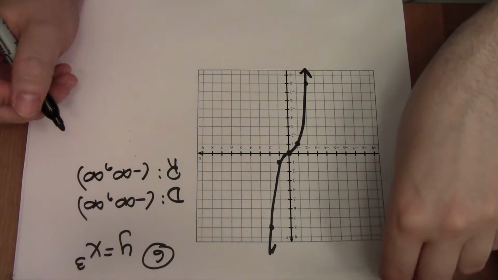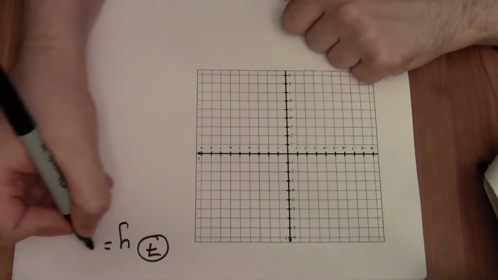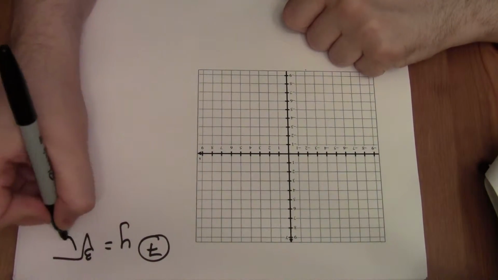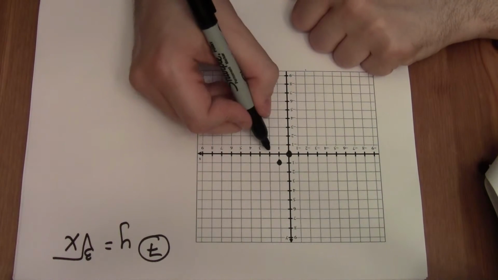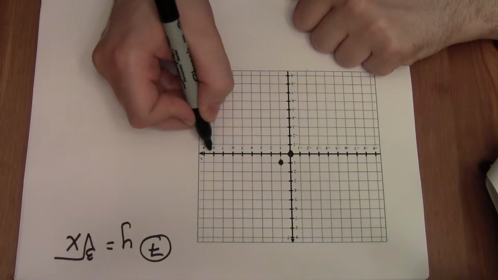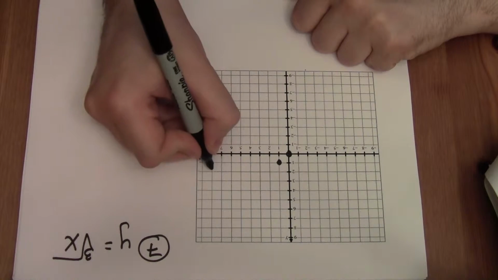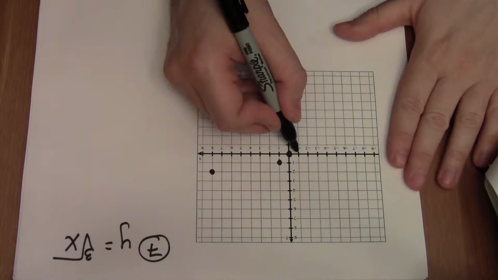Now I'm going to sketch the related root formula. Y equals the cube root of x. Cube root of 0 is 0, cube root of 1 is 1. I don't want to do the cube root of 2, it's a messy decimal, or 3, or 4. The next good value I'm going to find the cube root of is 8. Cube root of 8 gives you 2. We can do cube roots of negatives.